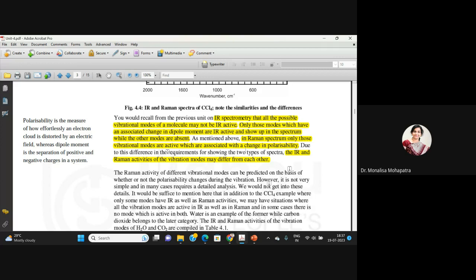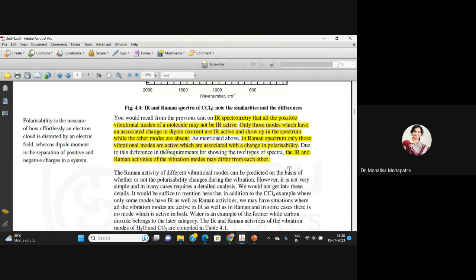So in IR spectrum, the molecules which have a change in dipole moment, or an oscillating dipole moment, as soon as the IR radiation is falling on them. Many vibrational modes are there. As we discussed for Deccan, you have 90 vibrational modes.